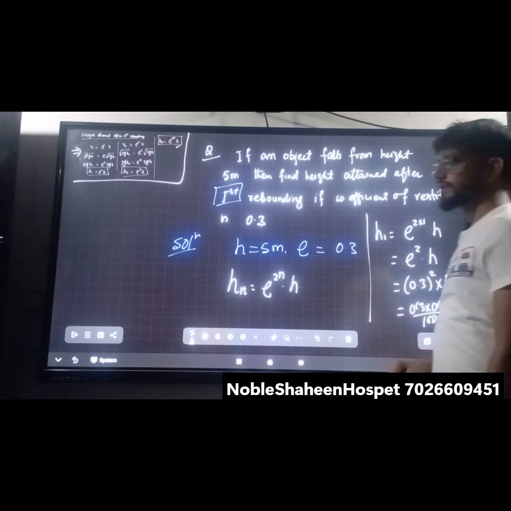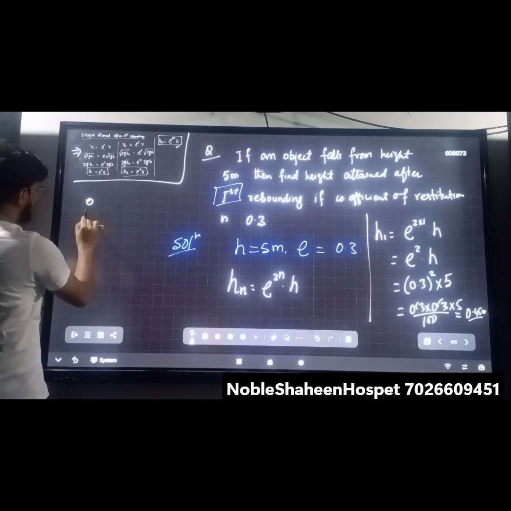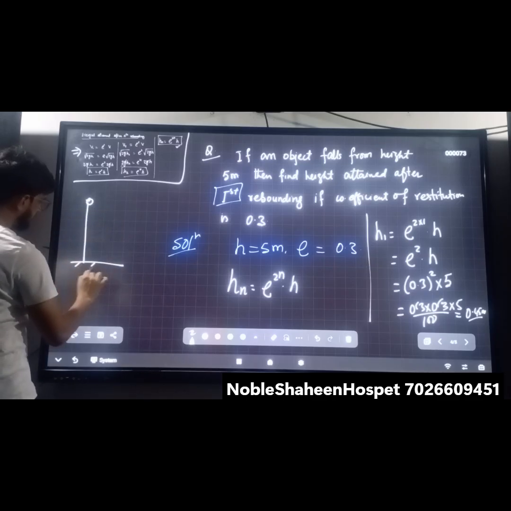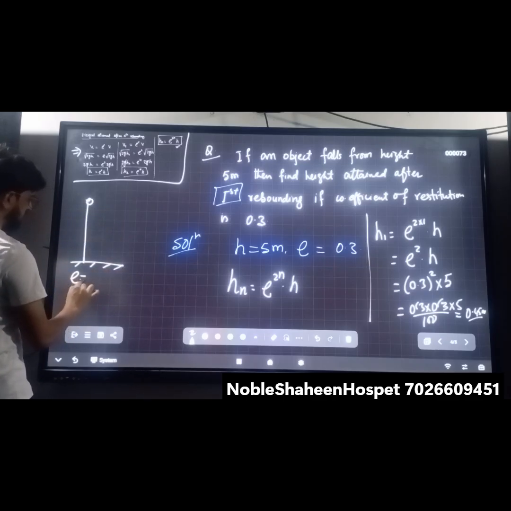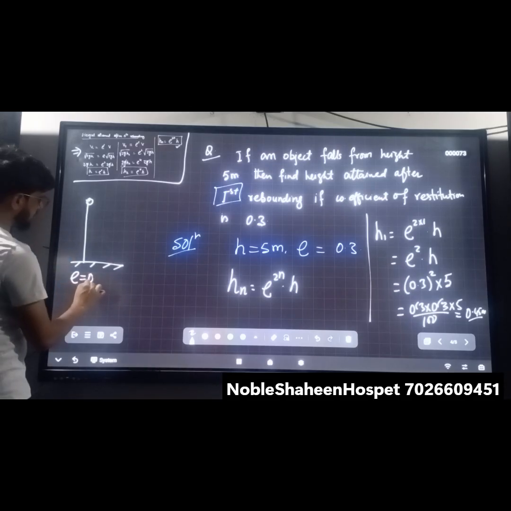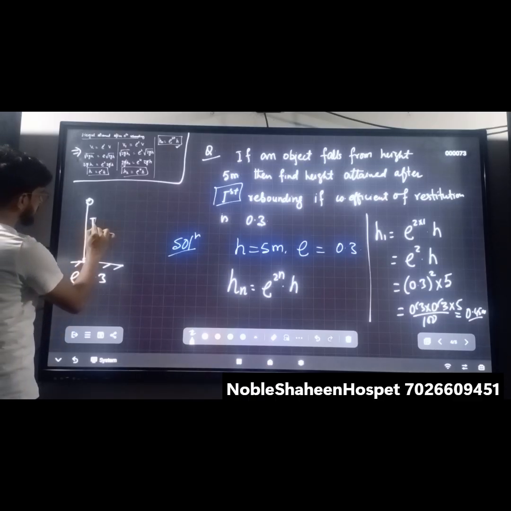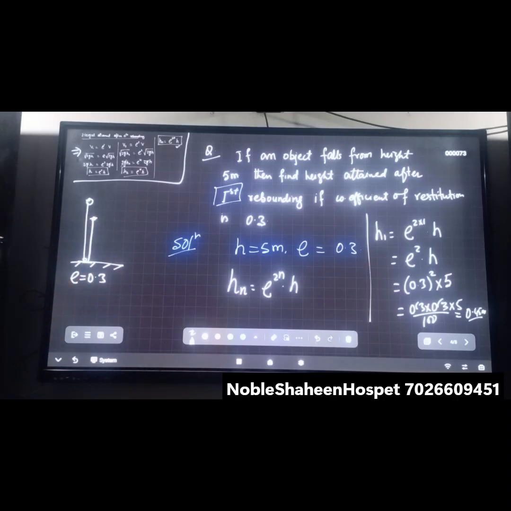After nth rebounding, that means after the first rebounding, an object just falls from here to the ground, and the coefficient of restitution between the earth and the ball is 0.3. The ball falls to this surface, and after the first rebounding, how high will it go up? The question is asking this. How much height will it attain after the first rebounding?